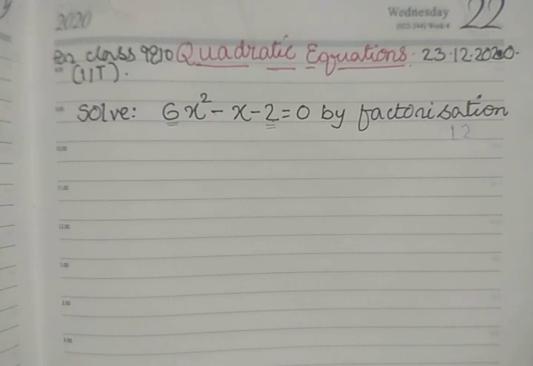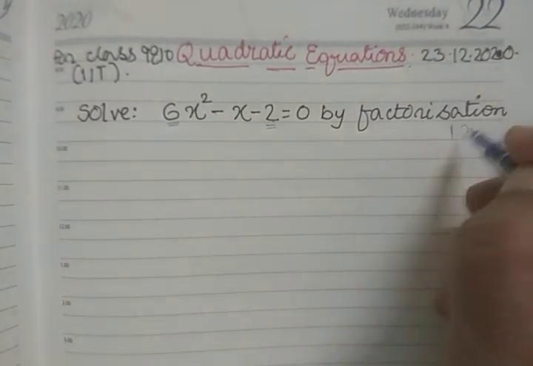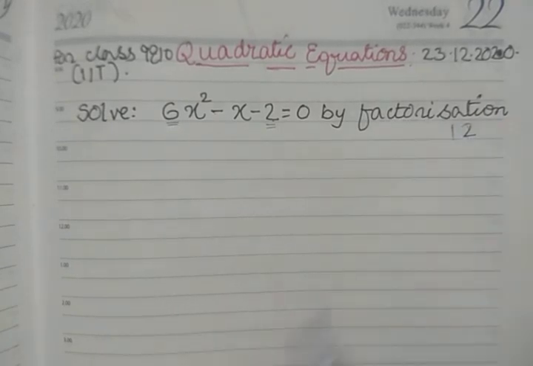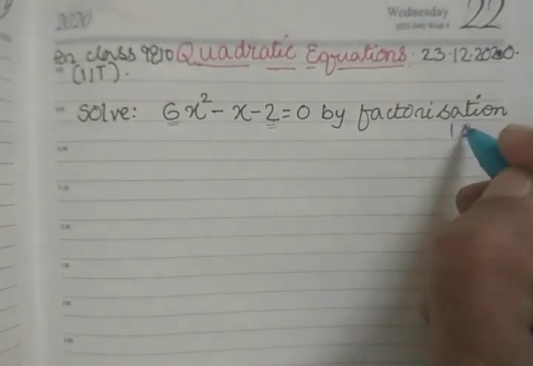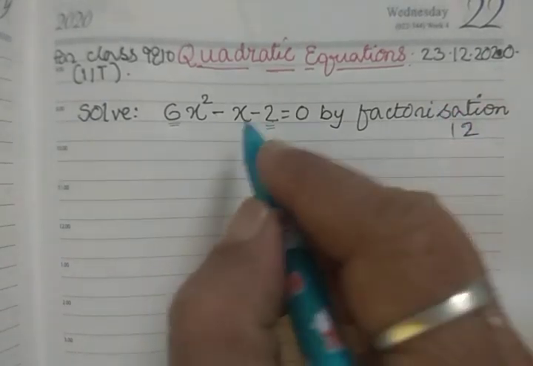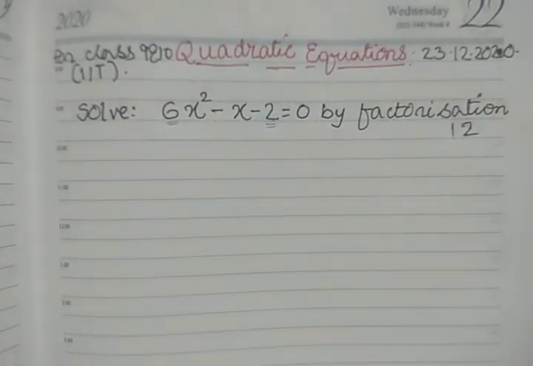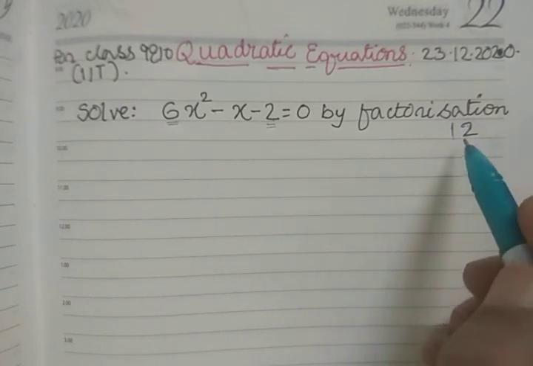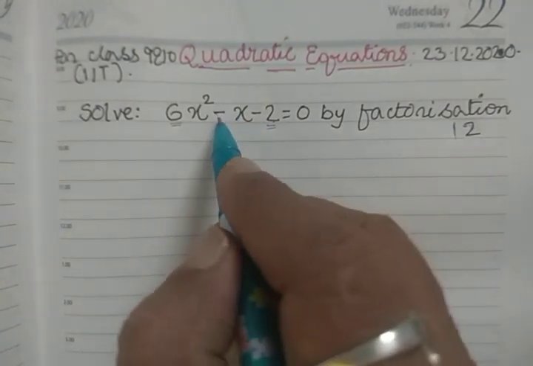Next, we should find the factors of 12 in such a way that by multiplying we get 12 and by adding we get minus 1.